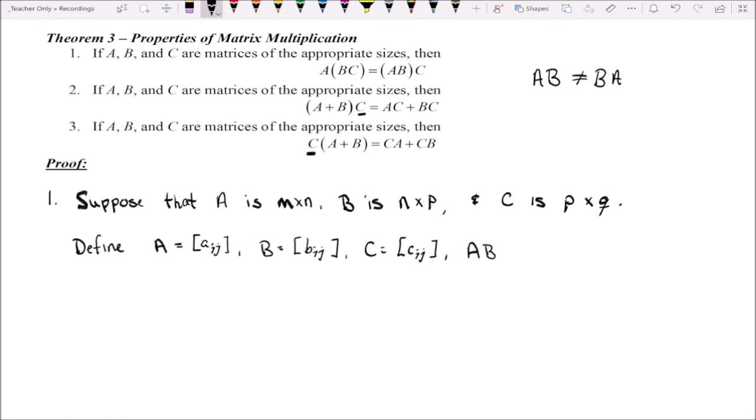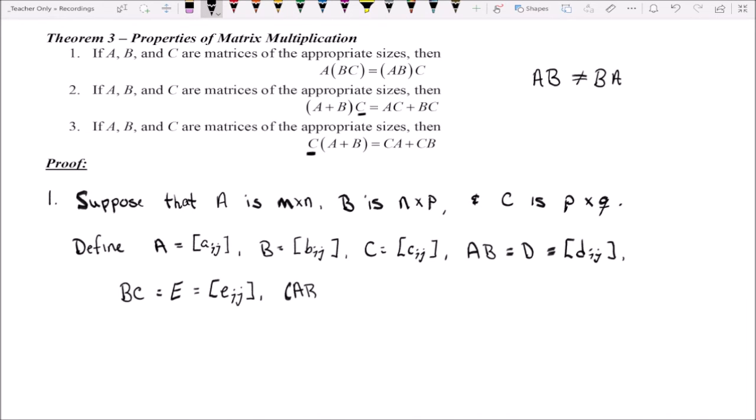We're going to say that A times B is equal to a matrix D, and that'll be Dij. We'll say that B times C is a matrix E. We'll call that Eij.